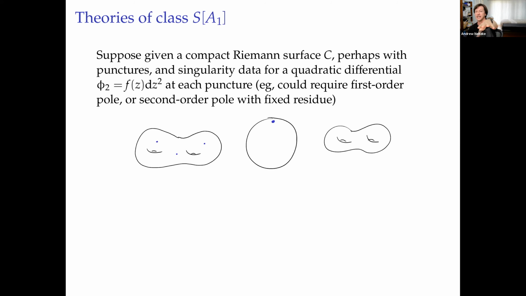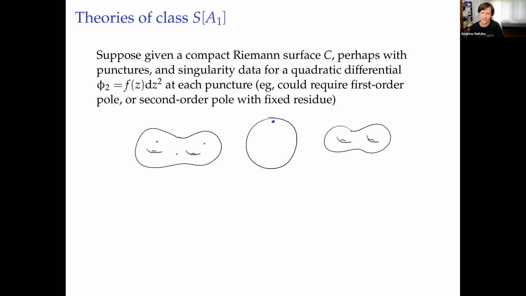So now I kind of start again. Suppose someone gives me a compact Riemann surface, and it might not have any marked points, but it might have some marked points. And then at each marked point, I'm going to fix some singularity data, which is going to be some information about singularities of a quadratic differential at that puncture. So for example, one thing you could require is that it just has a first order pole at the puncture, then there's no other data.